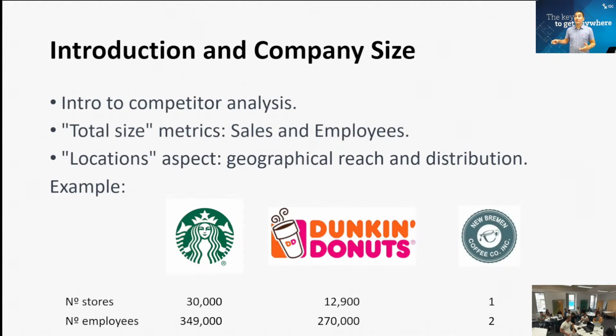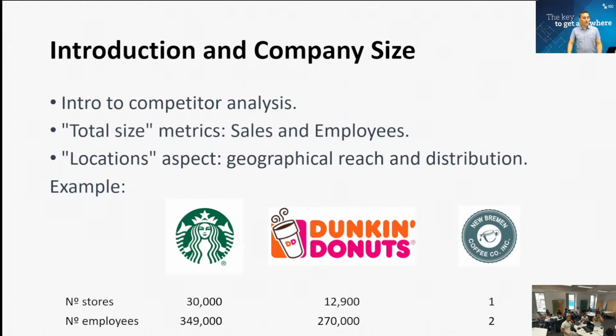However, they also make a margin on selling coffee and beverages, right? So anybody that goes to Dunkin' Donuts, probably they also ask for something to drink, and maybe they make much more money margin-wise in selling beverages and coffee. And the third example that we have here as a competitor is New Bremen Coffee Corporation Inc.